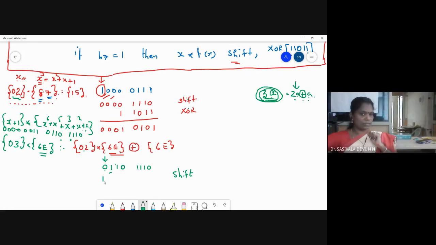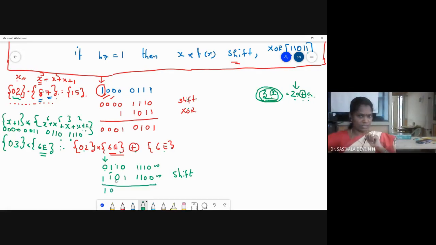Shifting gives 1 1 0 1 1 1 0 0. Multiplication by 2 is over. Now that should be XOR with 6e. 6e is here, multiplication by 2 is already here, just do the XOR.